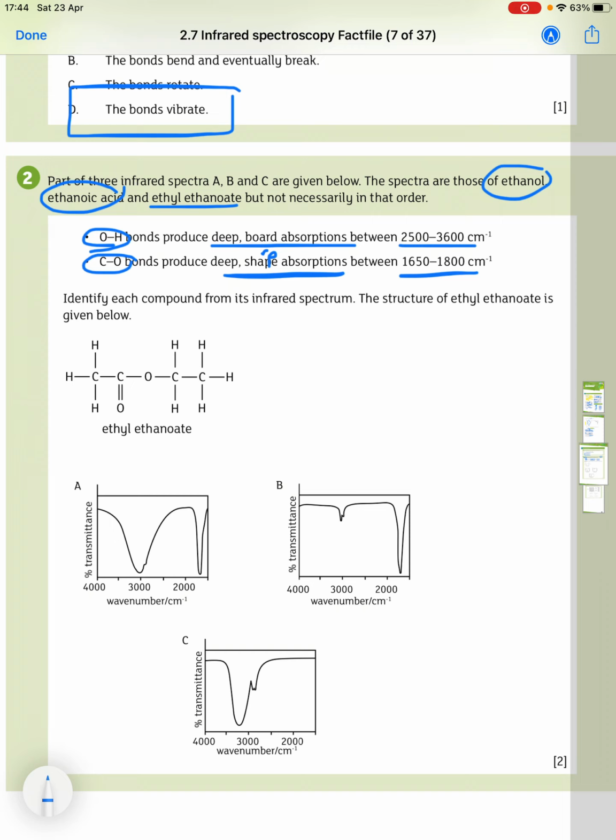So what we're looking for here is something to tell us there's an OH in the ethanol. The ethanoic acid looks like this. And sometimes it helps to draw it out so you can see what's going on when you're trying to identify things from the spectra.